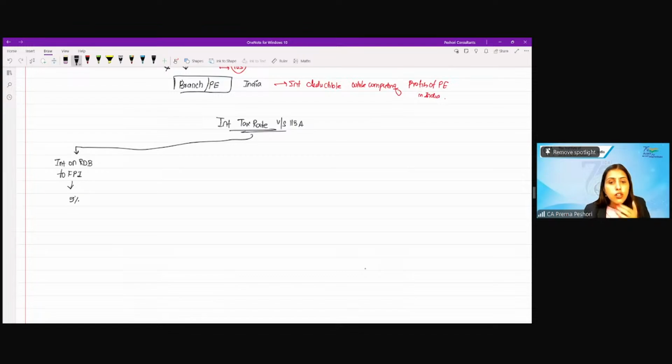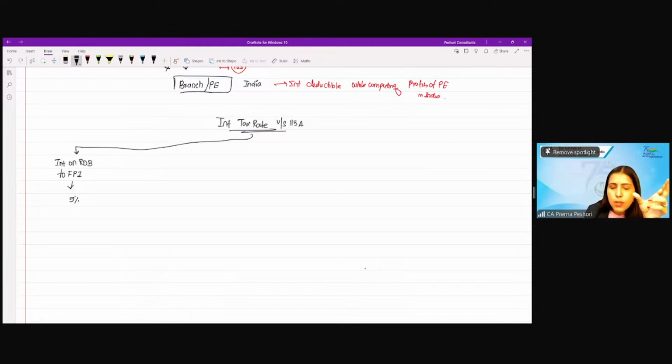Are we clear? So rupee denominated bonds are issued by the Indian company. They are also called masala bonds. So these are the bonds which are issued by the Indian company and on which the interest is paid.